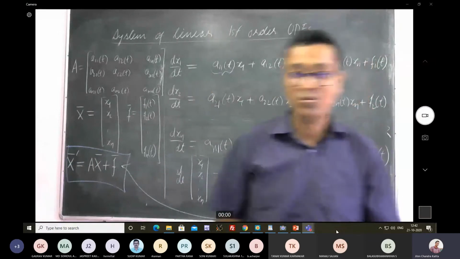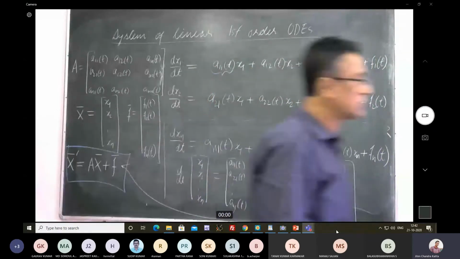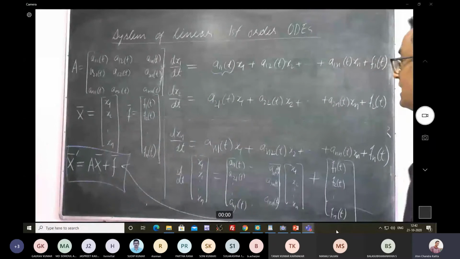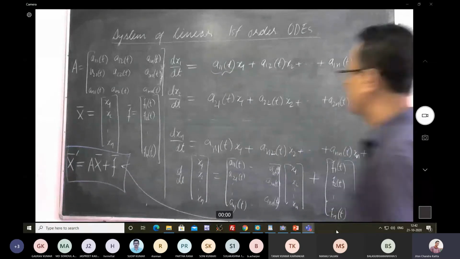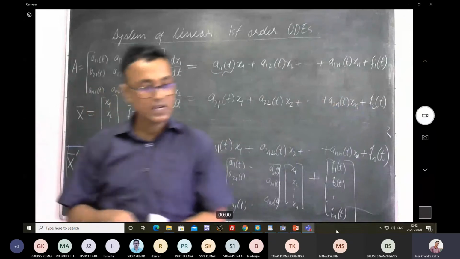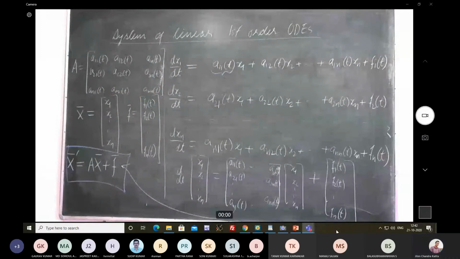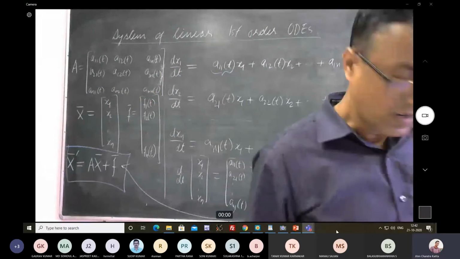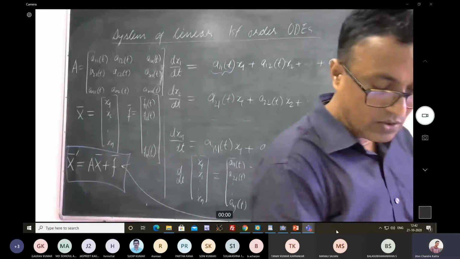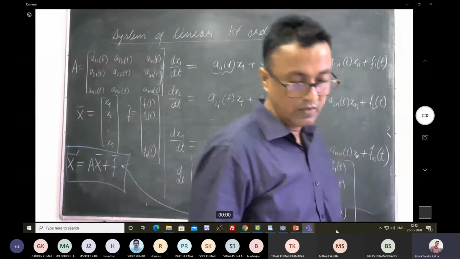Okay. So now that has probably given you an idea that whatever we are going to do later on, the system of equations and its solution, is going to depend on the properties of the matrix A and the vector F. So this is about converting a system of n first order linear equations into a single matrix form.